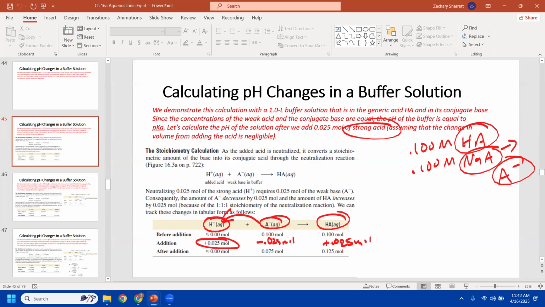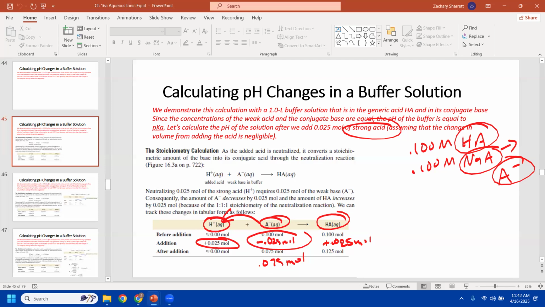Now we know. So the A minus, why is it minus 0.025, Meredith? Why am I putting this minus 0.025 right here? Because the A minus grabs the H plus that comes in. So that's no longer A minus. We lose it. So it goes down to 0.075 moles, right?